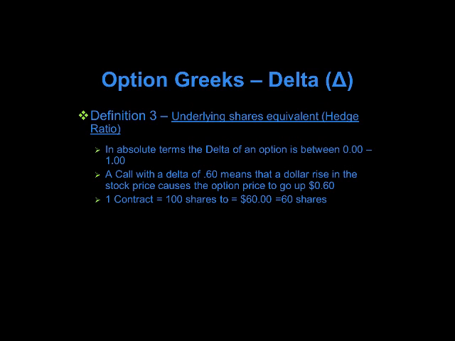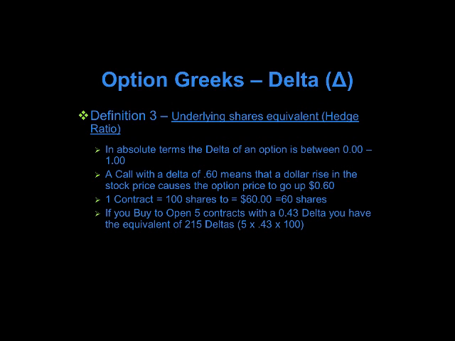But as you'll see in one of our upcoming seminars on scalping gamma, you can use this to your tremendous advantage in hedging positions. Now, if you buy to open 5 contracts with a 43 delta, how many equivalent shares of stock do you have?